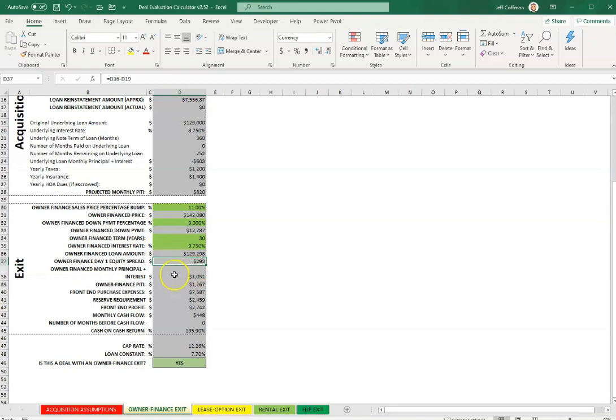So what we can see here is the owner finance monthly principal payment. This is the principal and interest that my buyers are going to be paying. Just principal and interest only. So we can already see that I have a spread between what they're paying and what I'm paying on the underlying note.